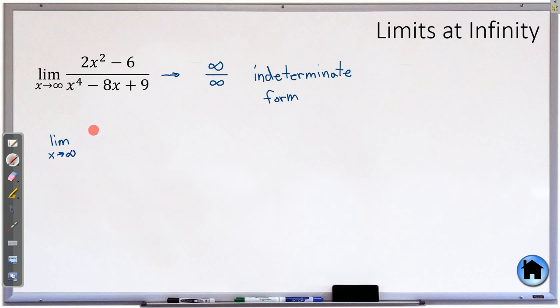So the top will be 4x, and the bottom will be 4x cubed minus 8. And if we plug in infinity now, 4 times infinity is infinity, and 4 times infinity cubed minus 8 is also infinity.